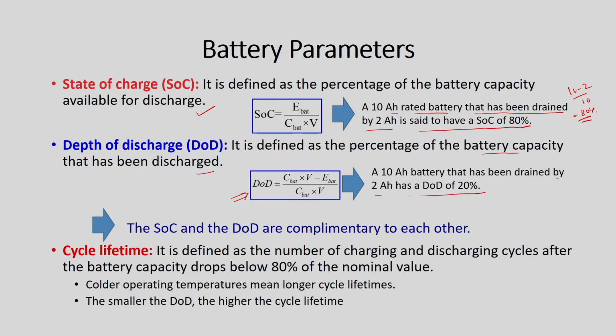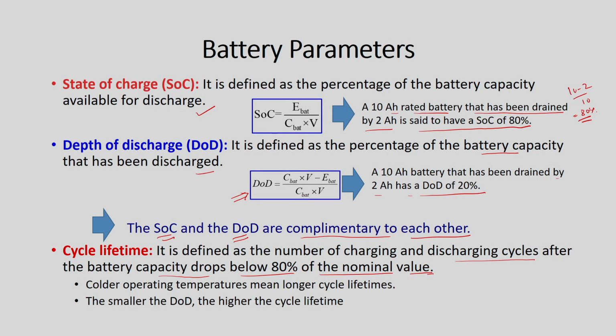So, SOC and DOD, state of charge and depth of discharge, are complementary to each other. We should keep that in mind. Also, we need to define one more terminology called cycle lifetime, which is defined as the number of charging and discharging cycles after which the battery capacity drops below 80% of the nominal value.